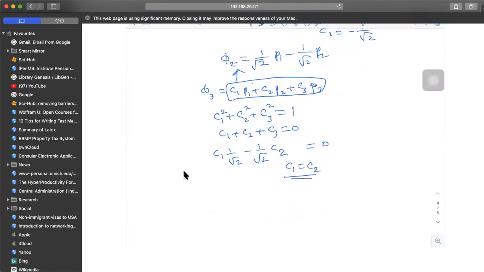So now we will put this back in here. And further, you can use this: C1 plus C2 plus C3 must be 0, which means that 2C1 plus C3 is equal to 0.